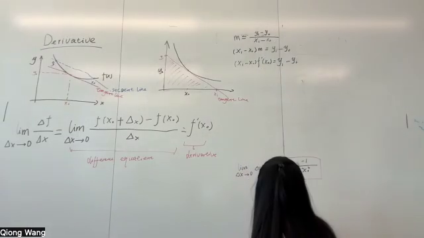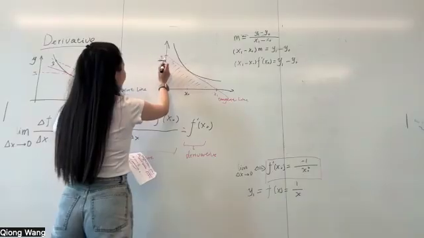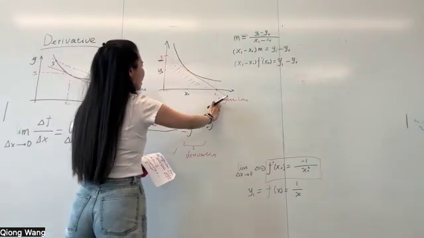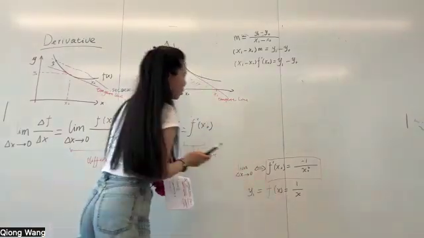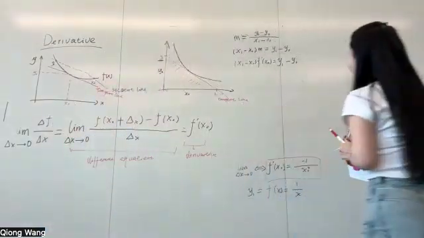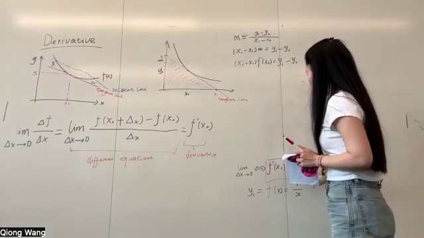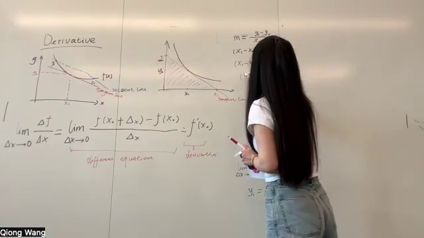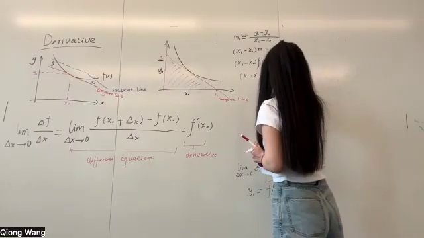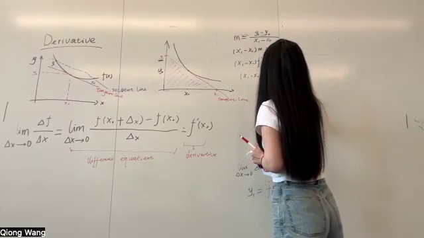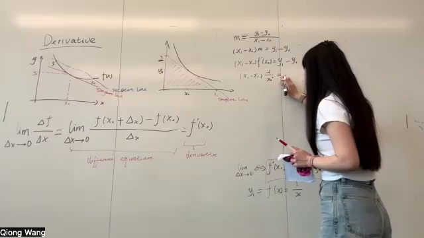And we all know this is y1 because we assume the tangent line y1 equals f(x) equals 1 over x. So we know the results of this one and this one, so we can write the equation like this.